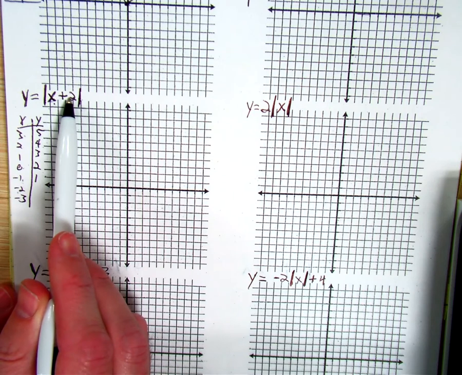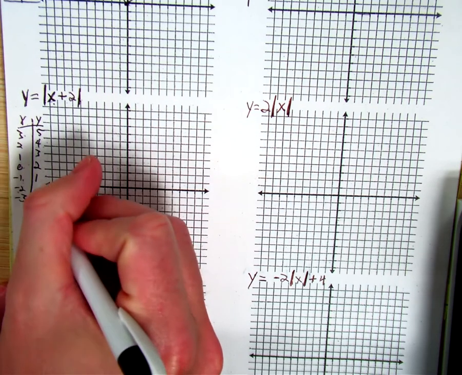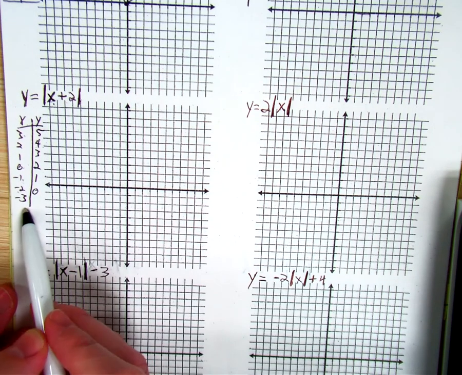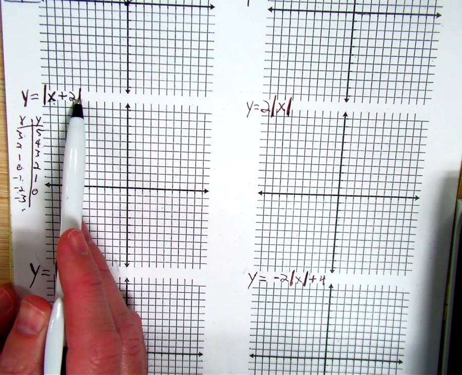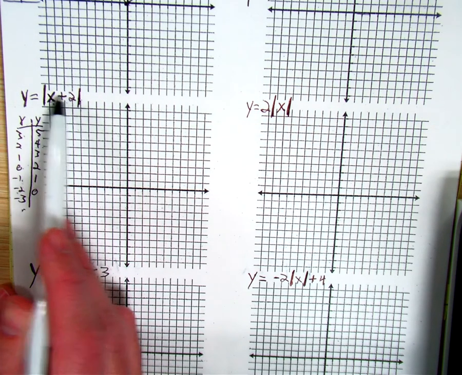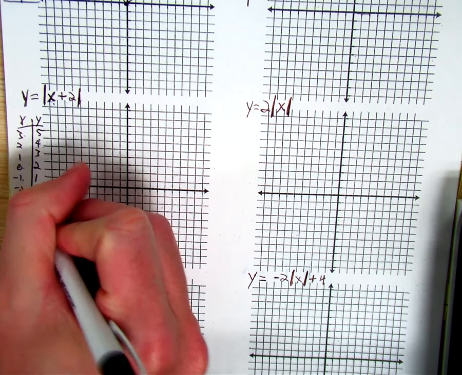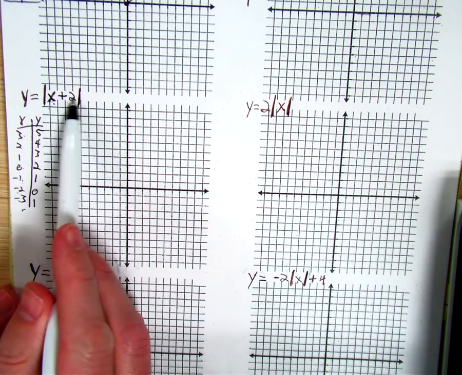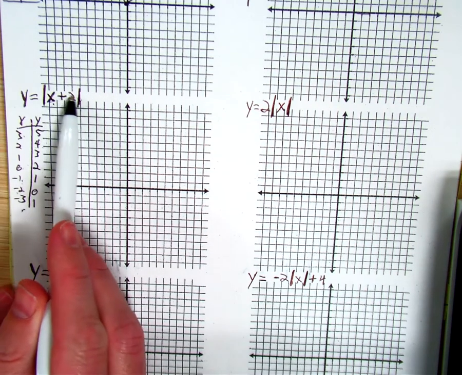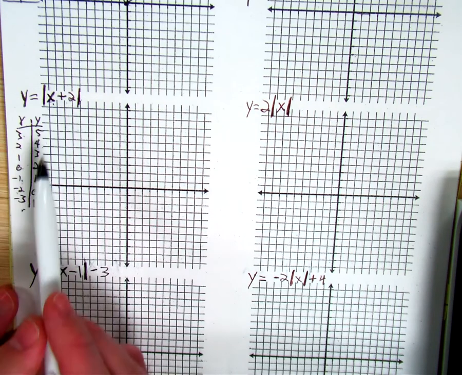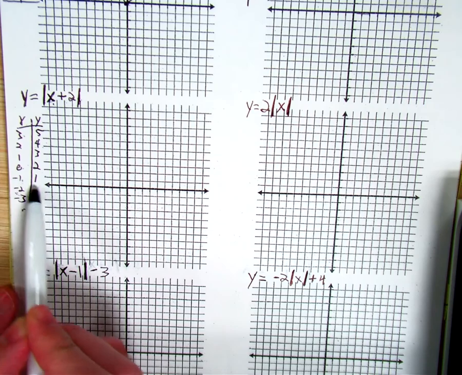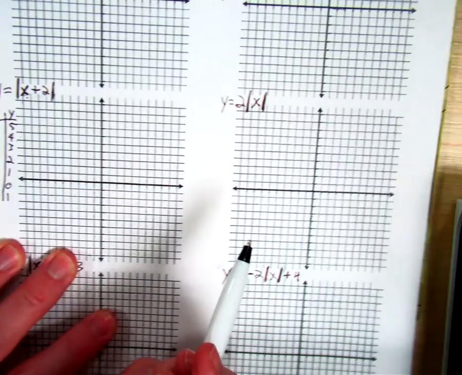Absolute value of 0 is still 0. And here's where we finally flip it back over. Negative 3 plus 2 is negative 1, and the absolute value of negative 1 makes it back to positive 1. So you can see, we said it's going to move 2 to the left, opposite. With plus 2, you're kind of thinking, oh, 2 to the right, but it's actually opposite. It's going to go left. That's where we have our 0, and then it turns back around.